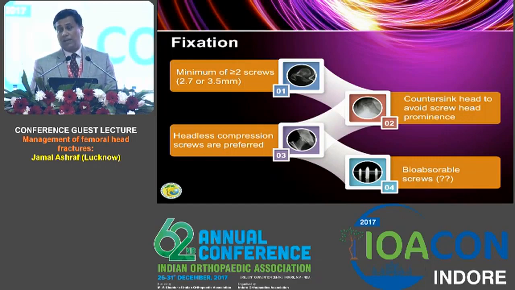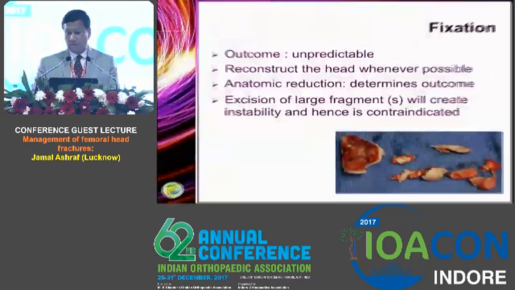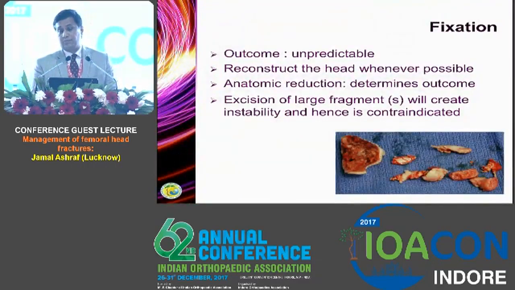And nowadays, bioabsorbable screws are also available, but personally, I have no experience with them. Now, the fixation in type 2 fractures gives unpredictable outcome results. However, it is still recommended that you reconstruct the head whenever possible, for anatomic reduction seems to be the most important factor in determining outcome quality.